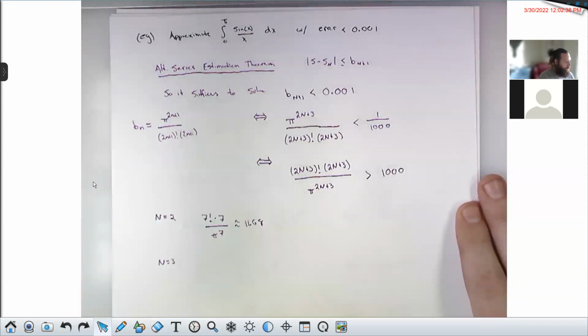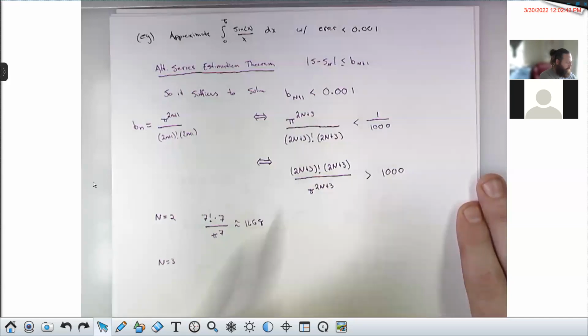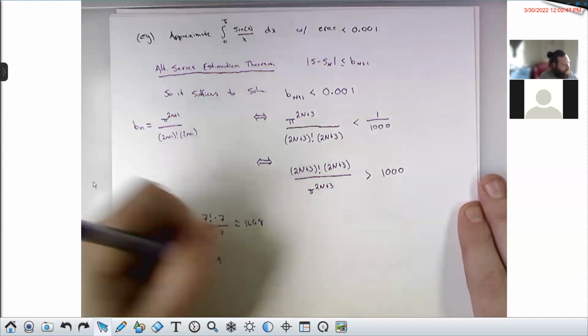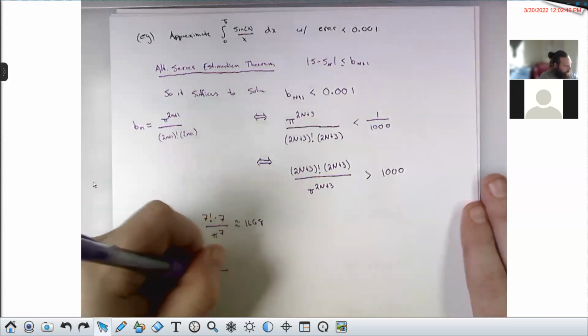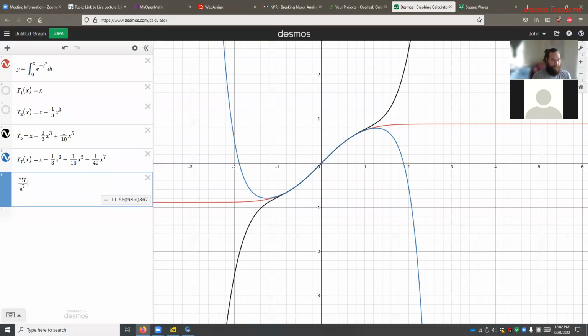When we plug in n equals 3, this will be 2 times 3 is 6 plus 3 is 9. So 9 factorial times 9 divided by pi to the 9. Should be getting bigger, 109.56. But still not bigger than 1,000.